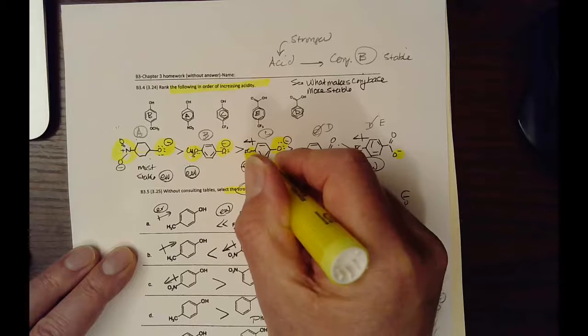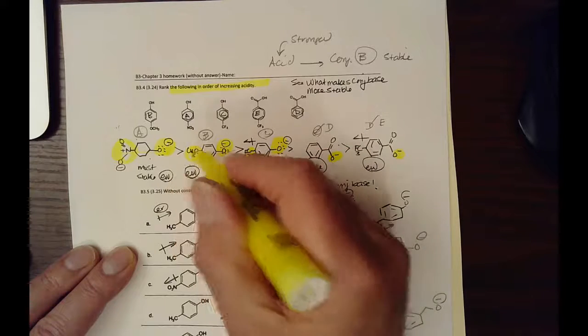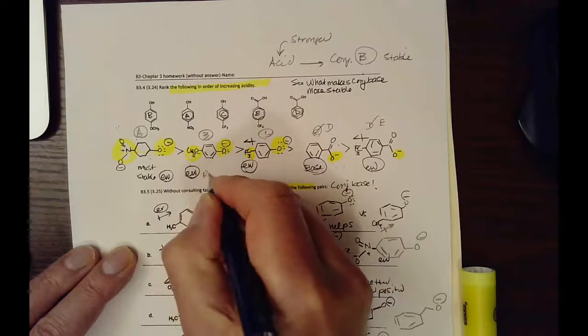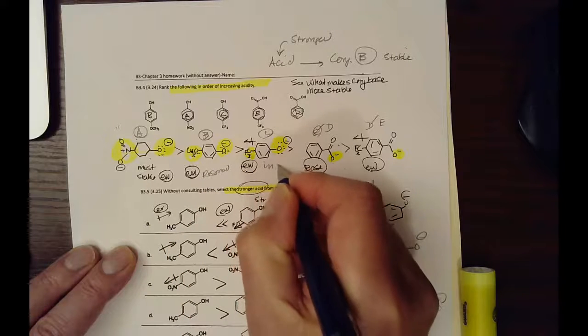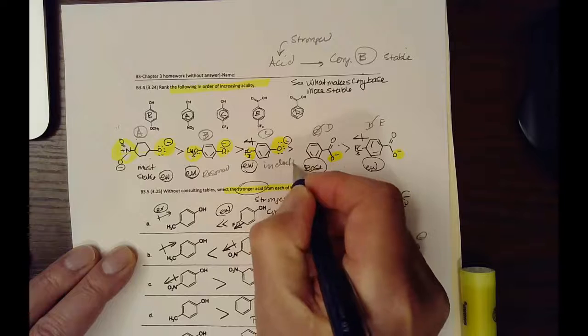CF3 is also an electron withdrawing group, but not as good as OCH3. We're going to learn these are called the resonance effect, and these are called the inductive effect. So resonance is a little bit better than inductive.